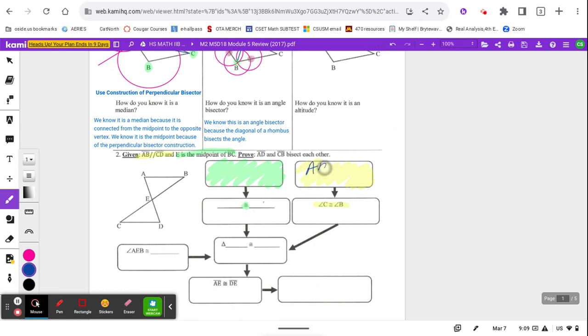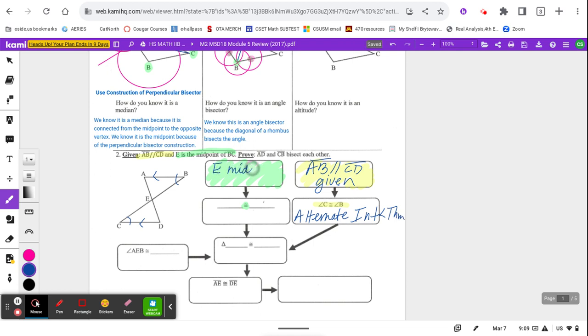So we're going to go AB is parallel to CD, given, and that gives us that angle C and angle B are congruent by alternate interior angle theorem. Then we can put the other given here.